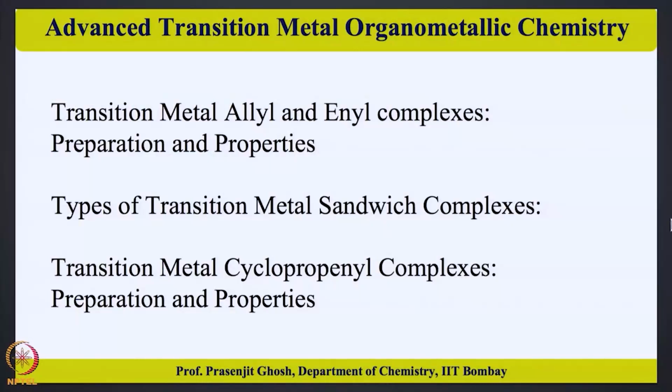So, with this, let me go over the topics that we had covered. To begin with, we started our course with allyl and enyl kind of complexes. These allyl and enyl complexes have a sigma and pi component, and we had seen how these complexes were synthesized and prepared.